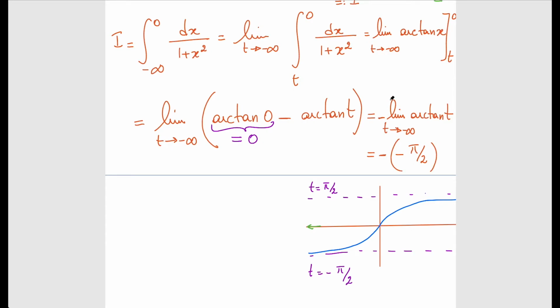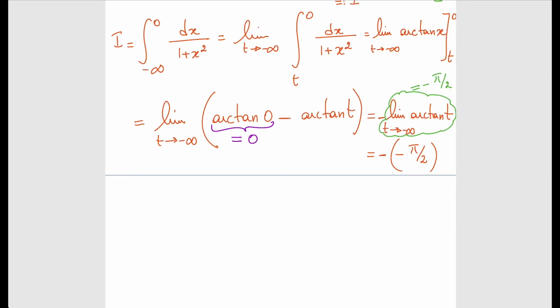So whose minus pi over 2 is this value right there? One more time, just see it graphically. This blue graph is arctan. As t goes to minus infinity, the function arctan is going to minus pi over 2, right? This value. Okay. Let's erase this.